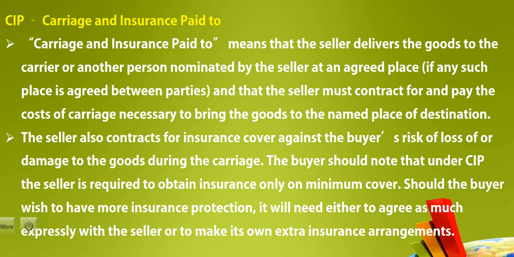So it depends on each party's agreement, or on the decision of the buyer. If the buyer wants a higher level of insurance, he can only pay for that with his own cost and extra money.